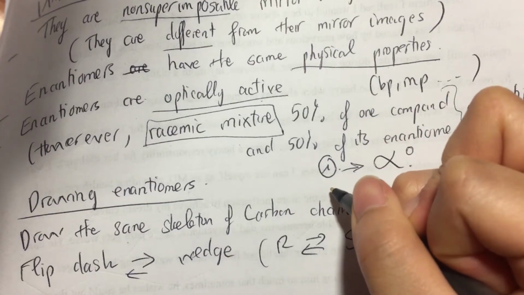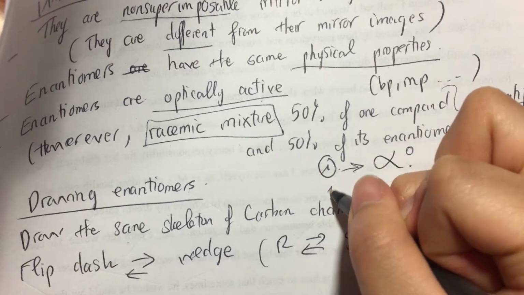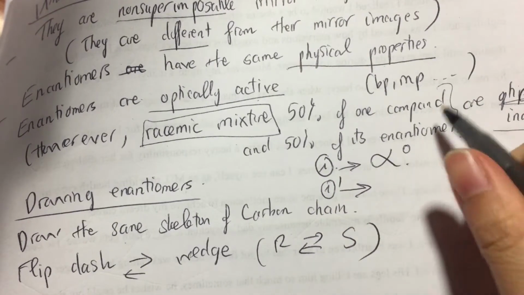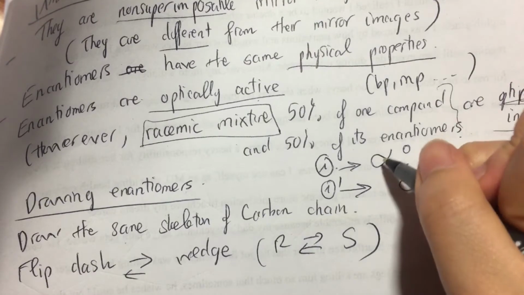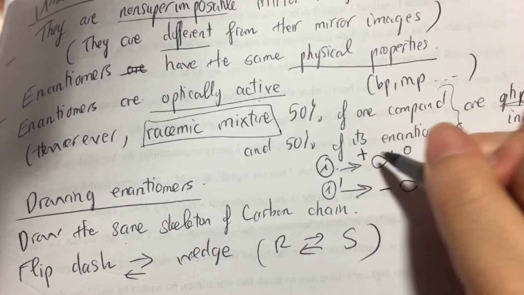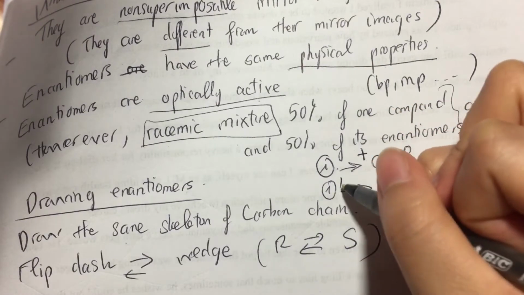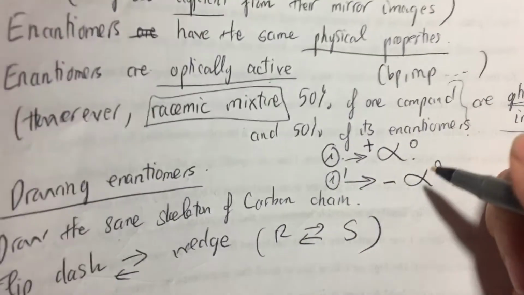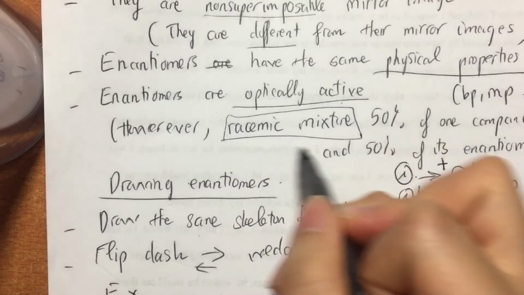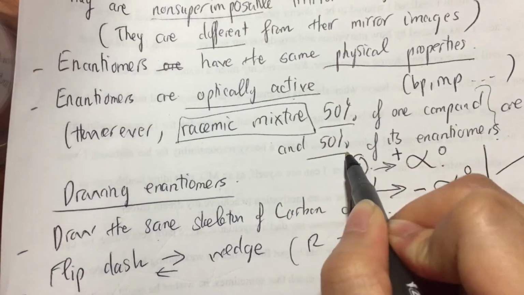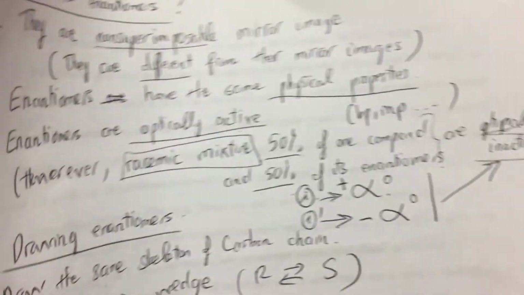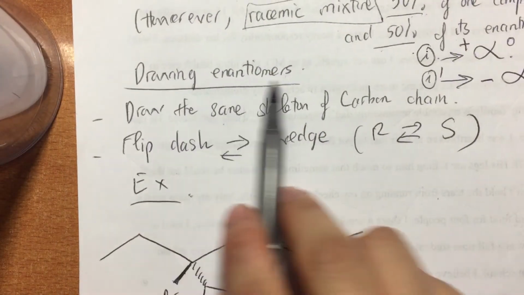But the enantiomer of compound 1 will rotate the same degree, alpha degree, but in a different direction, the negative direction. One will rotate in the positive direction, but its enantiomer rotates in the negative direction. So they cancel out, leading to the optically inactive racemic mixture. They have the same amount, so they rotate the same amount and cancel out, leading to optically inactive. So how do we draw enantiomers?